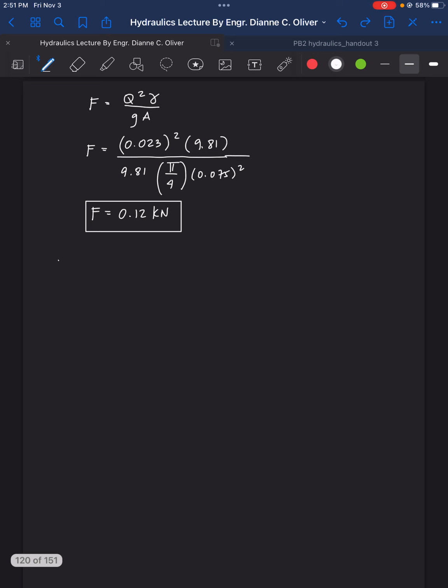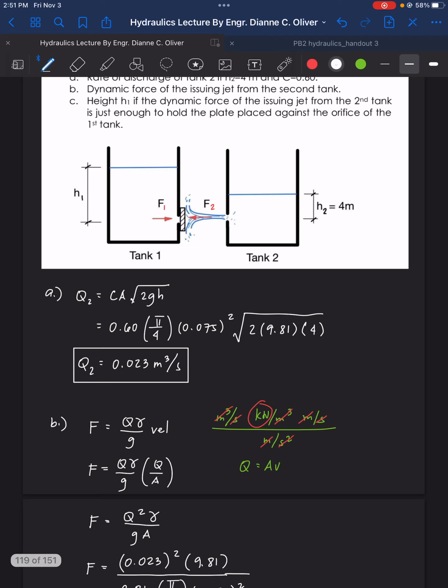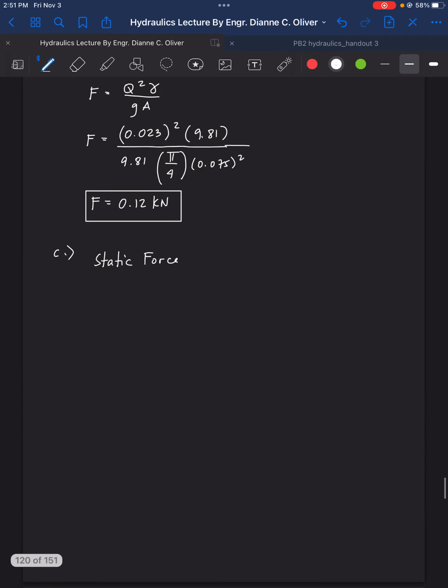So for letter C, static force. What's the formula for the static force that we used in fluid mechanics? That is F is equal to gamma h bar A. So that's the static force. And for the dynamic force, that is F equals Q squared gamma over gA that we derived a while ago.